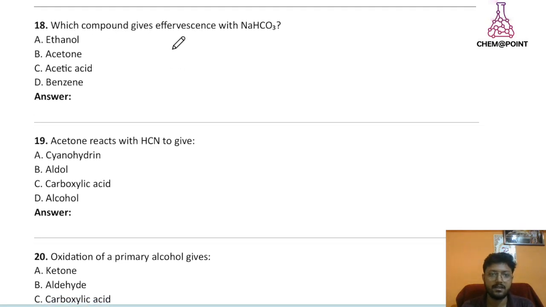Which compound gives effervescence with NaHCO3, sodium bicarbonate? Keep in mind, acetic acid, option C. It releases CO2 gas.